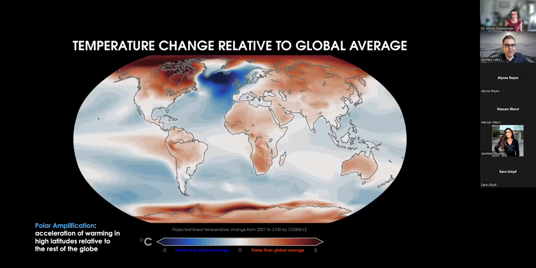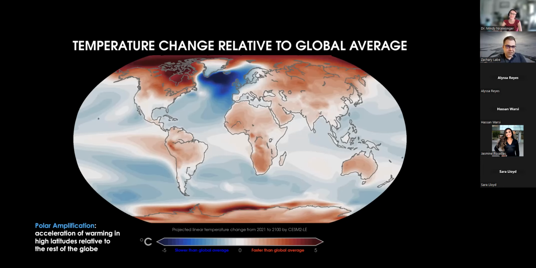In fact, if you were paying attention to the news last week, you might have heard that July was the hottest July on record for the globe. This is a key metric that we're always talking about in climate science, both in the science and communication. Anywhere in blue is the opposite.